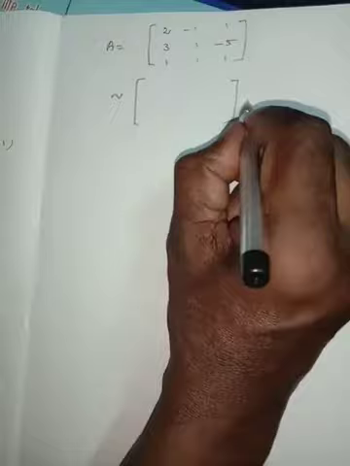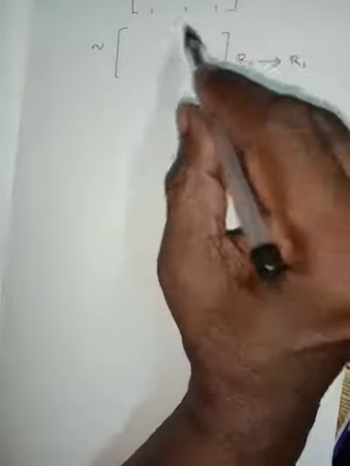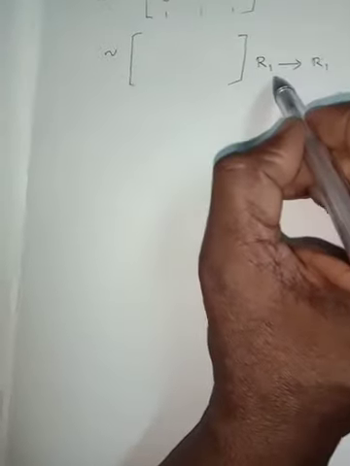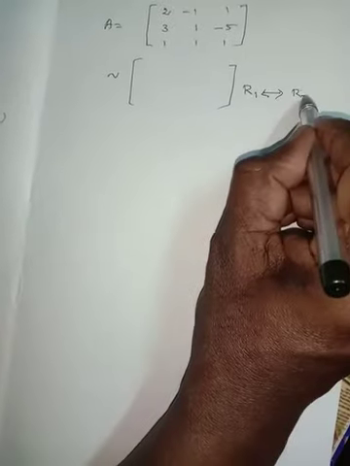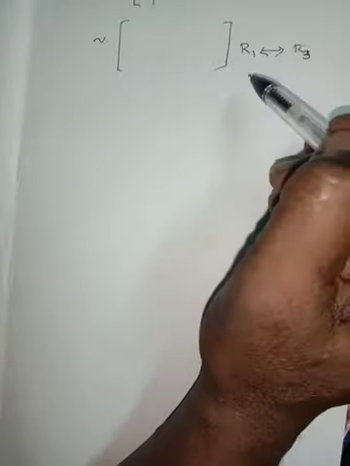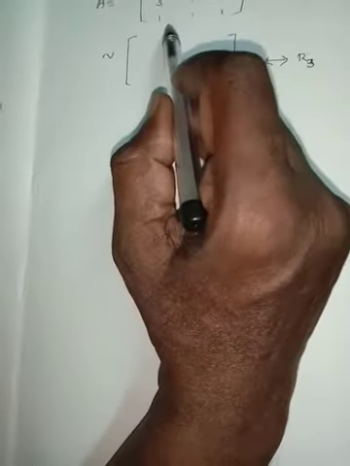So new R1 implies old R1 and old R3, or R1 implies and is implied by R3. This means interchange R1 and R3, an easy one. Change the first row into the third row, and the third row into the first row.